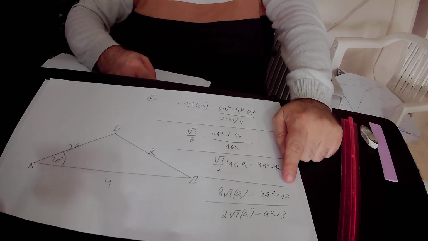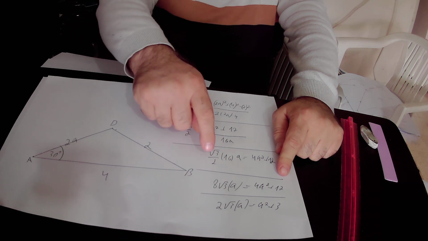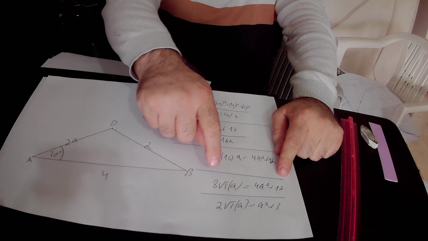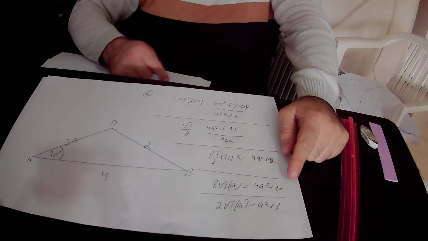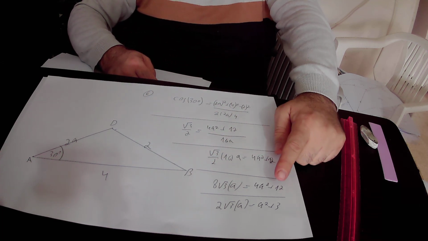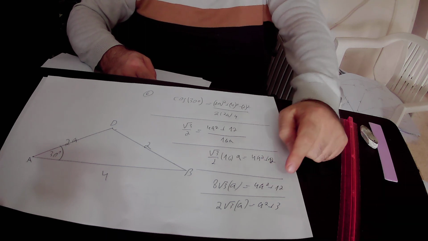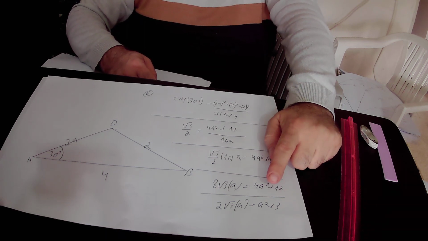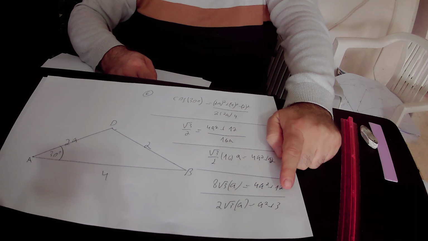We divided this equation by 4: 8 over 4 is 2, 4 over 4 is 1, so we get a squared, and 12 over 4 is 3. So in conclusion, 2 times square root of 3 times a equals a squared plus 3.